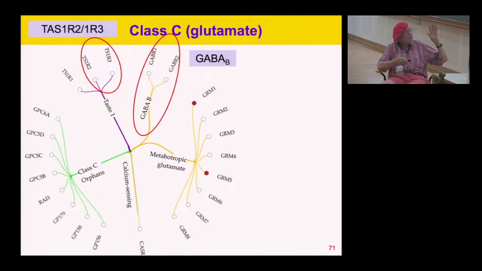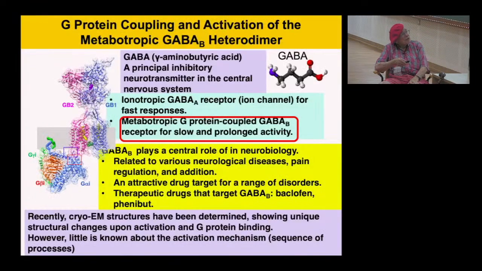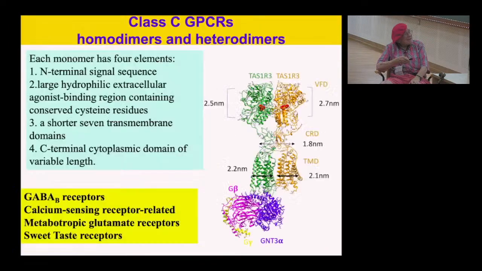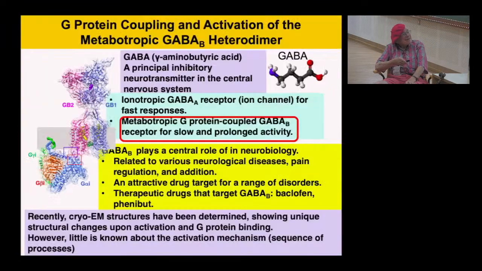The Class C receptors we've been looking at are GABA, which play an important role in neurotransmission, and these sweet receptors. For the GABA, there's a cryo-EM structure that was almost complete, so we've done the full simulations starting with that structure.